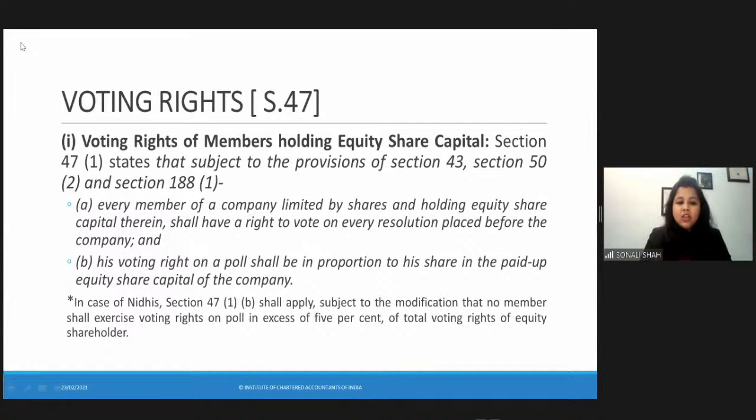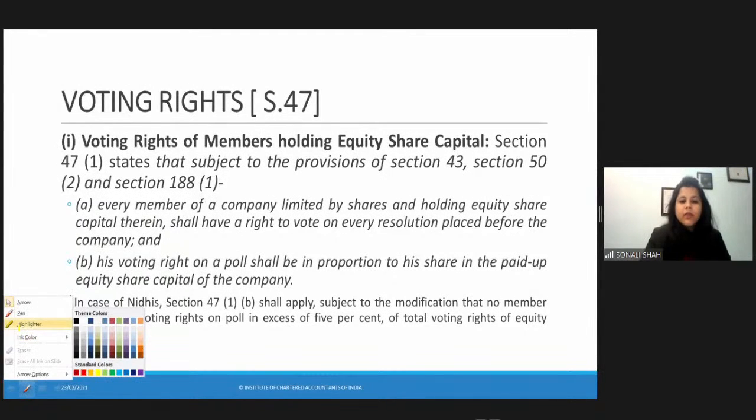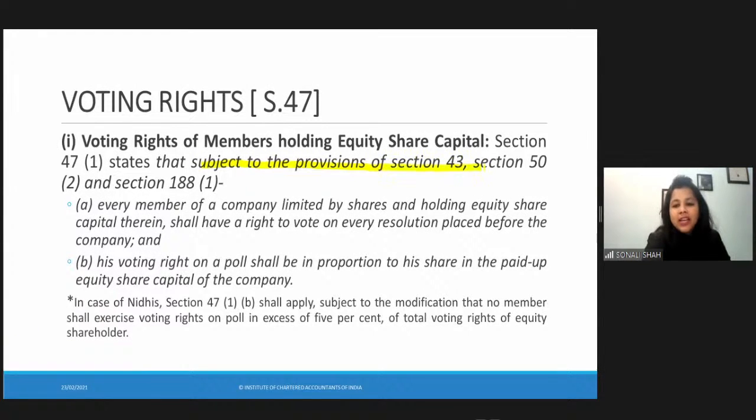So, section 47(1) says that subject to the provisions of section 43, section 50 and section 188(1), every member of a company limited by shares and holding equity share capital shall have a right to vote on every resolution placed before the company.